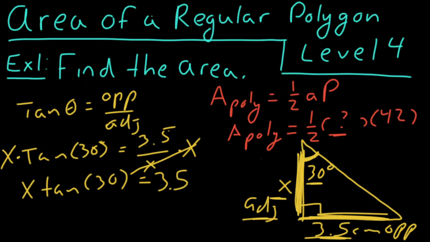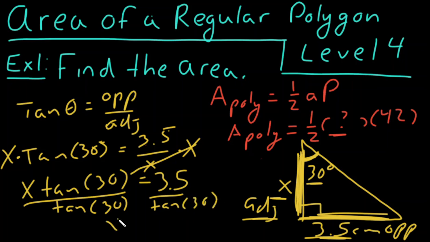And you're always asking yourself, is our x by itself? Well, in this case, no, it's not. And so we're going to divide this left side by the tangent of 30 degrees, and the right side by the tangent of 30 degrees. And this will actually give us x equals, and let me go back to my calculator.